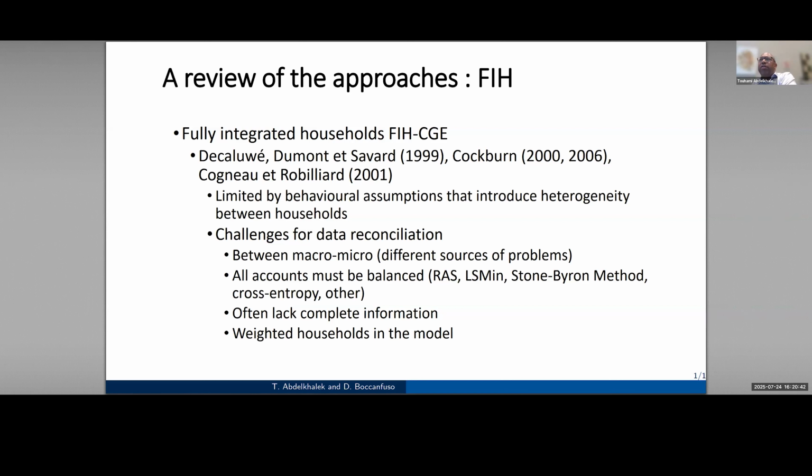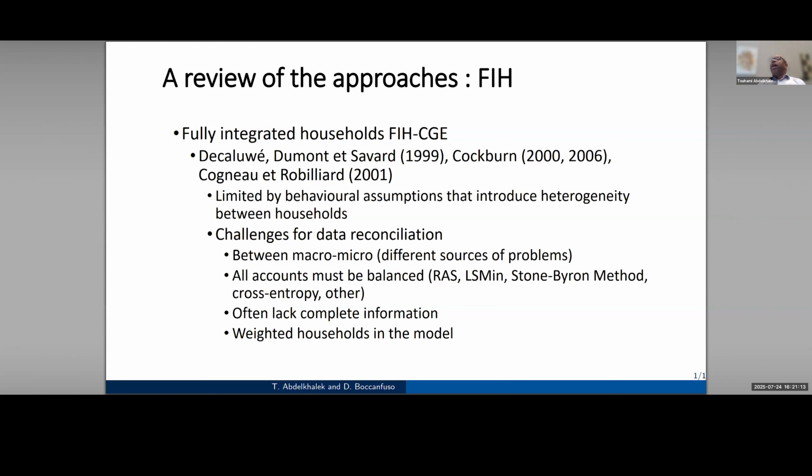So in the fully integrated households approach, it's limited by the behavioral assumption that introduces heterogeneity between households. But the challenge in this, exactly what we will see in the second part, is how to be sure of the data reconciliation. This is the great challenge when we are doing the fully integrated approach: to be sure of the reconciliation between the microdata and the macrodata.